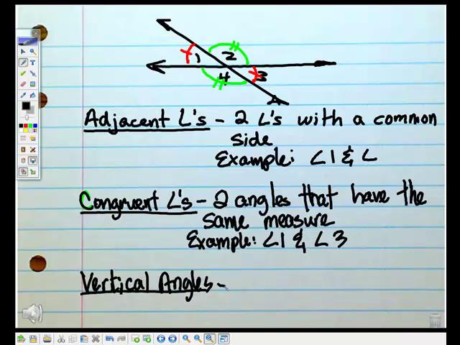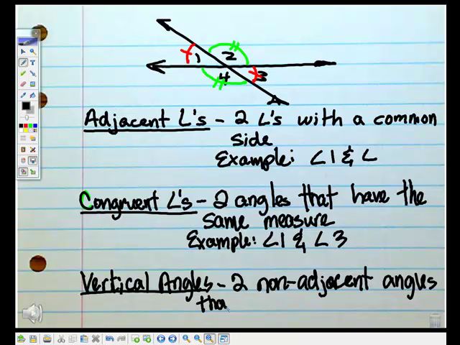And when you have vertical angles, they are the two non-adjacent angles that form when two lines cross.